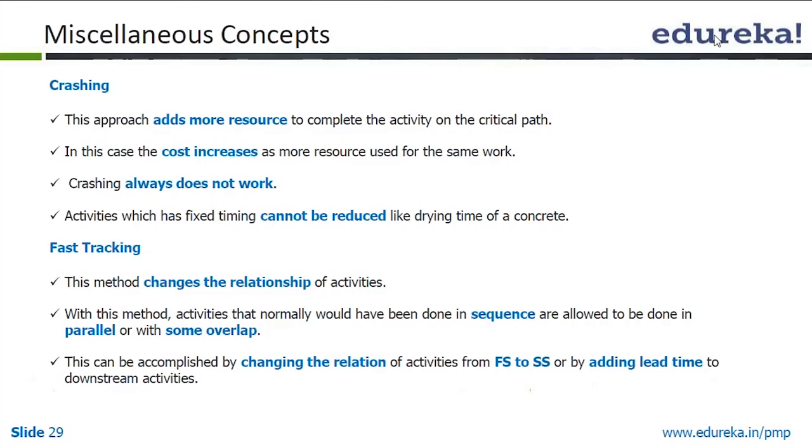So more rework might come in. So you have to be careful that you do not cut corners but utilize whatever float is available to the maximum extent for fast tracking. So these are the two methods of reducing the overall project span.